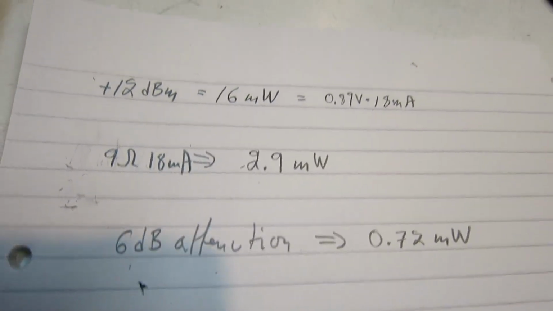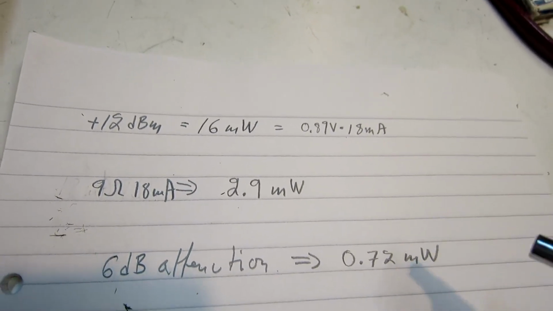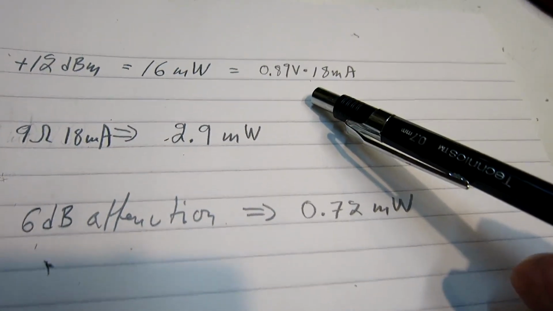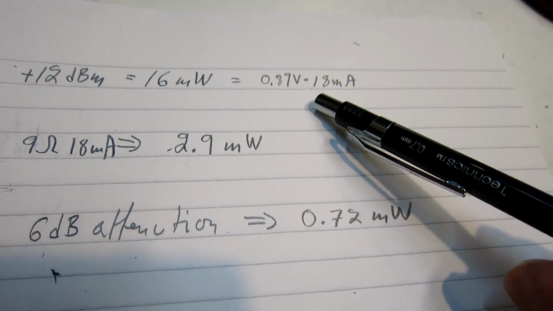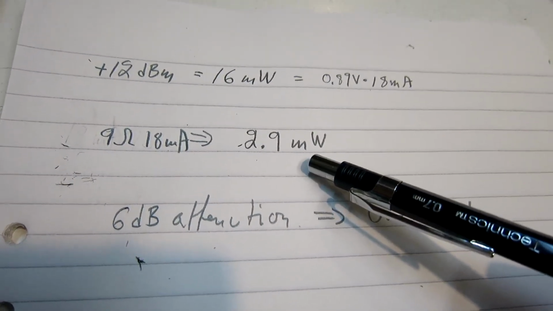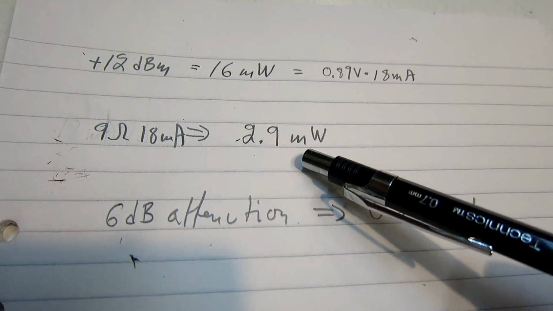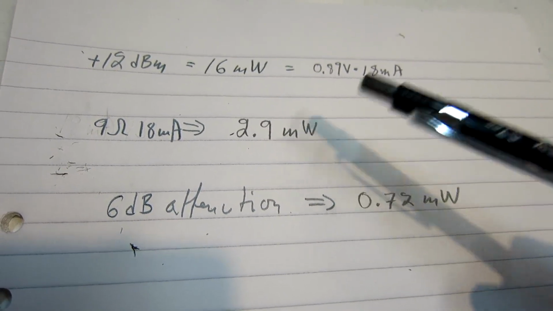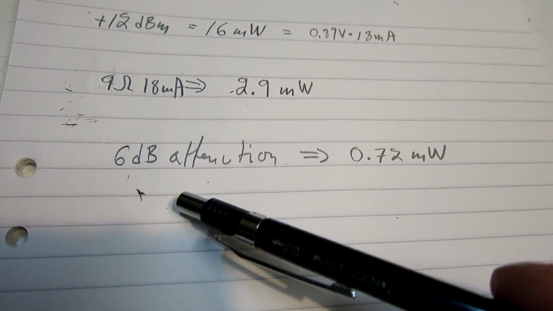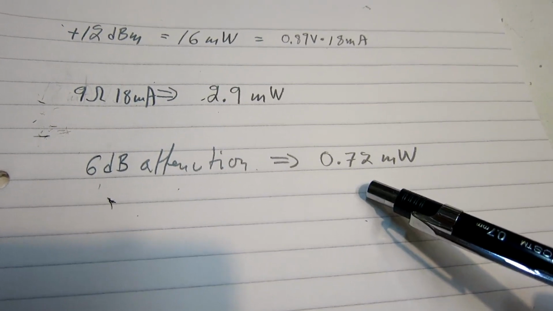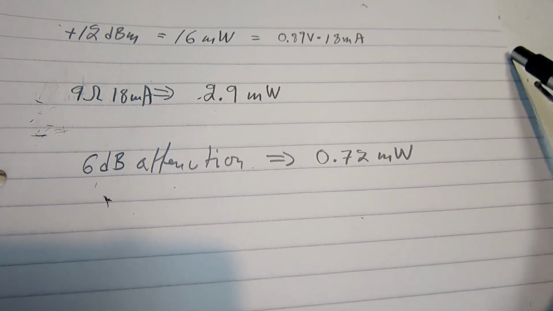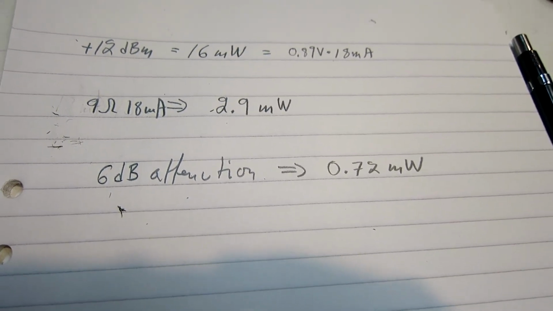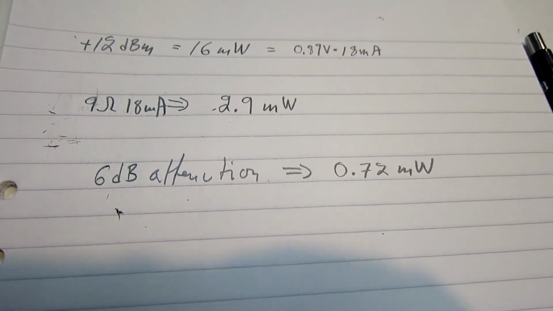The vent cell oscillator gives plus 12 dBm, that's 16 milliwatts, or 18 milliamps and 0.89 volts. So in 9 ohms, the power dissipated will be 2.9 milliwatts for 18 milliamps. That's a bit too much. I will insert a 6 dB attenuator to bring the power below 0 dBm for this crystal, and also for crystals that have a little bit higher series resistance.